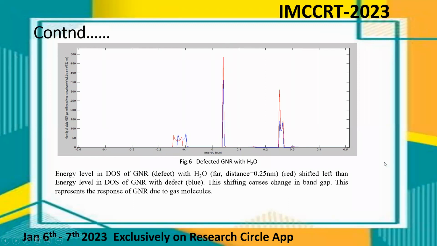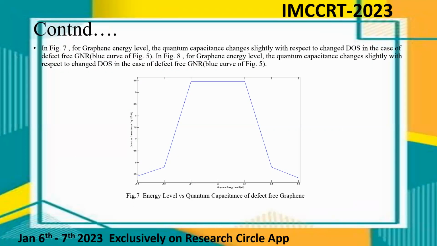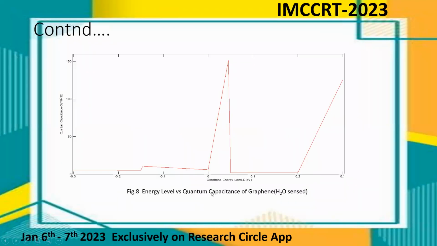Referring to that figure, we can observe in this figure as well that we have got the highest value in the range of 0 to 0.1, as in the DOS figure.